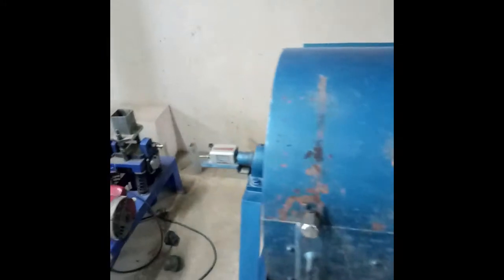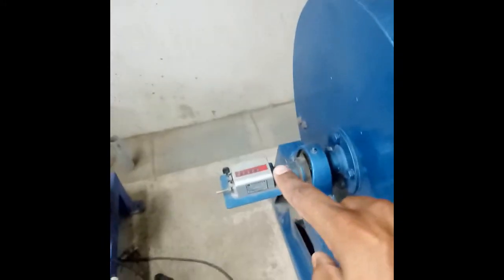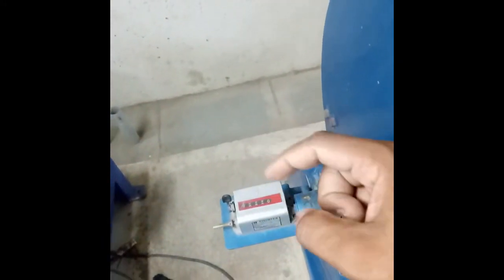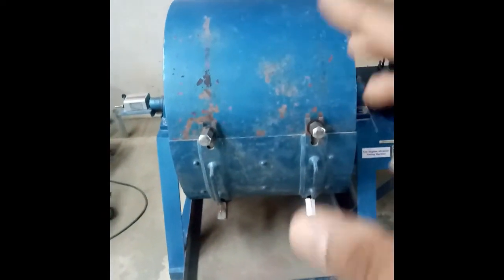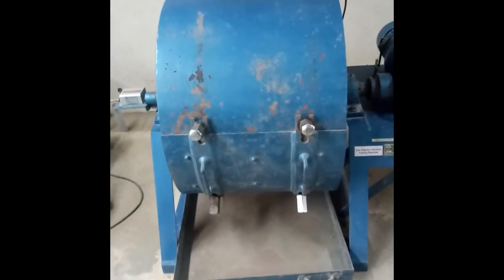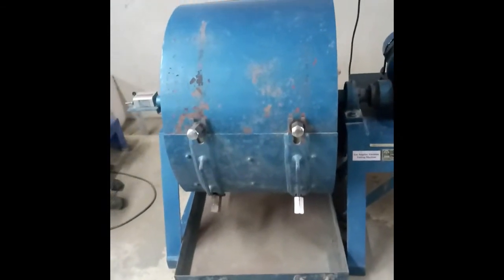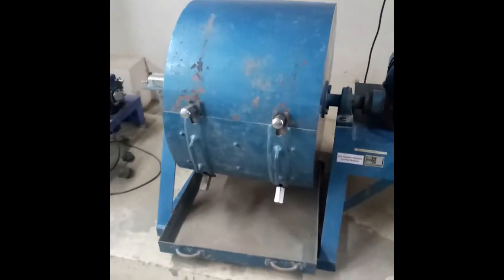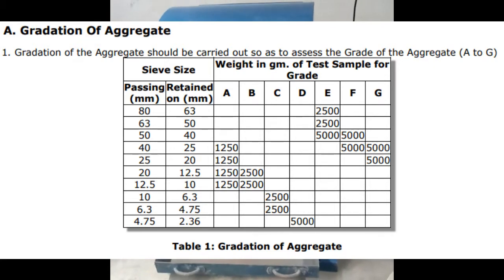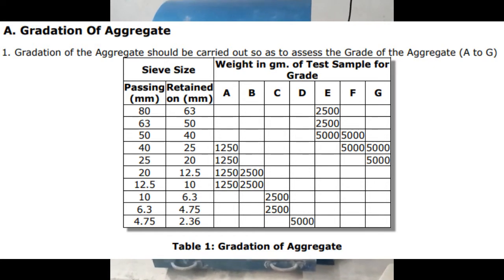So this is the cylinder, and then we have this counting dial. The total number of revolutions depends on what sample you are considering. In the Los Angeles test we have samples of different grades, and these grades are classified based upon the aggregate size and the weight of the sample.